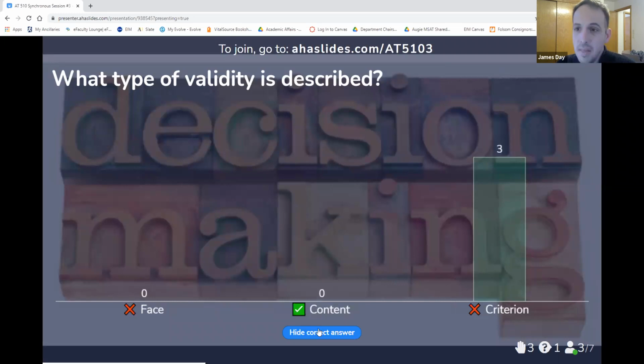Now, that obviously takes a lot of time and a lot of testing. So kind of a middle ground is content-related validity, where we take a group of experts and they assess it and give it validity based off of their own assessment. So you can think of this as expert opinion validity. Does that make sense? Somewhat?